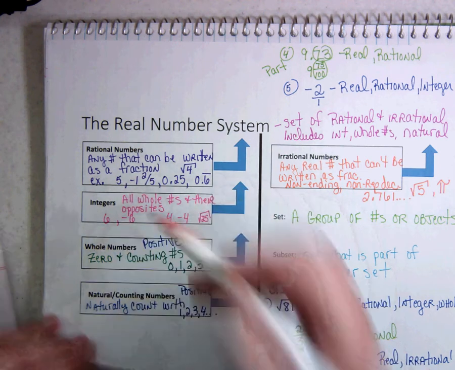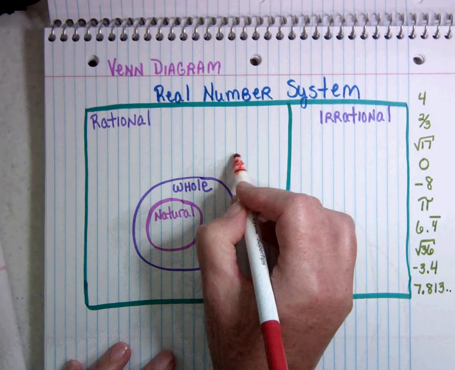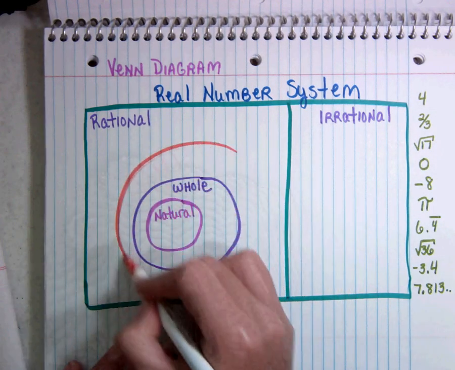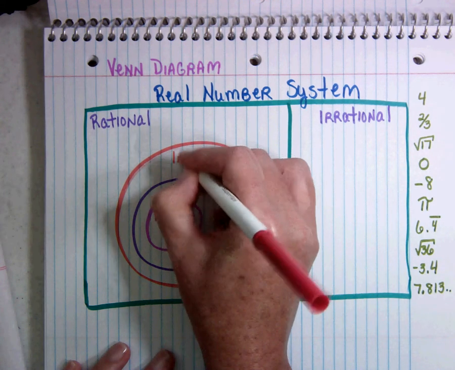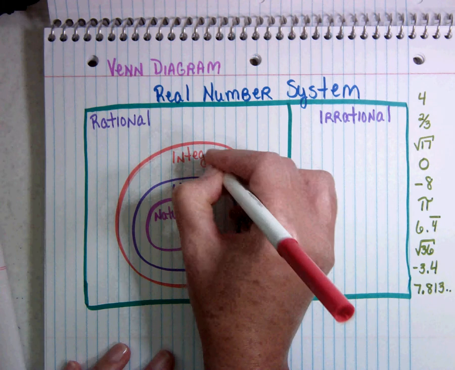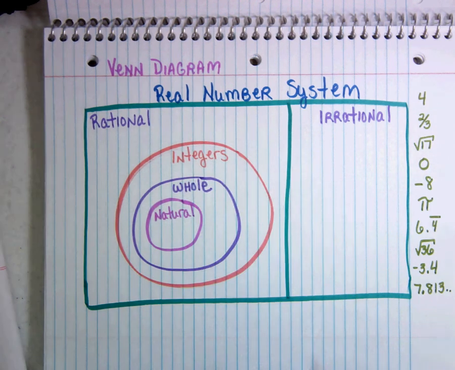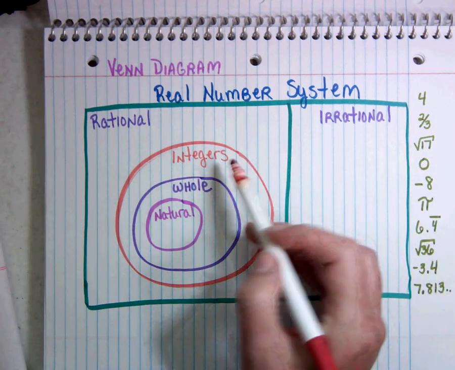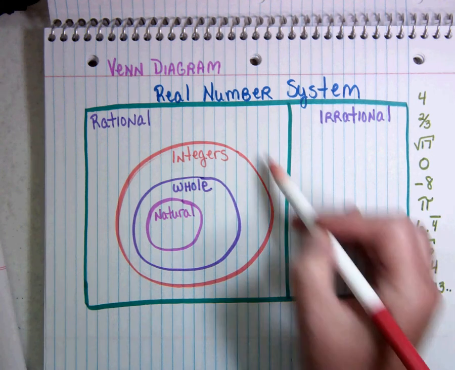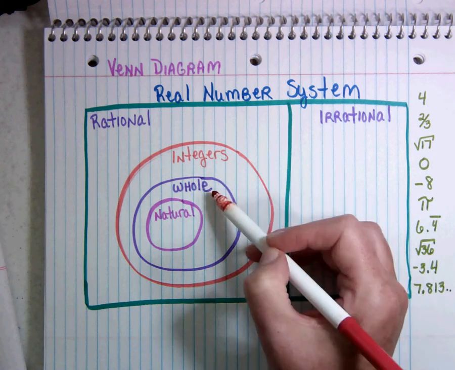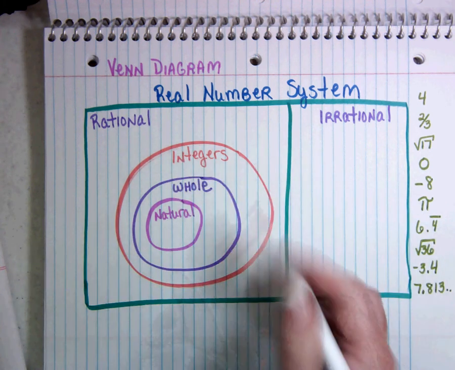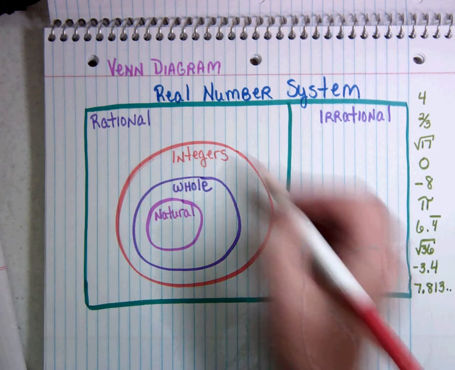So guess where the integer circle goes? It goes around the other two, and we're going to title that integers. Okay, so what this is saying is that everything inside the integer circle is considered an integer. So whole numbers are inside of it, natural numbers are inside of it.